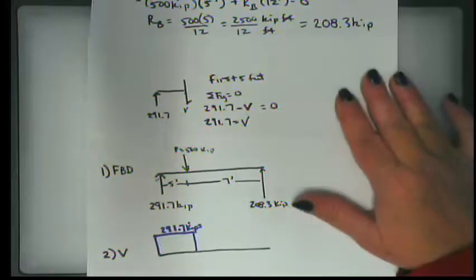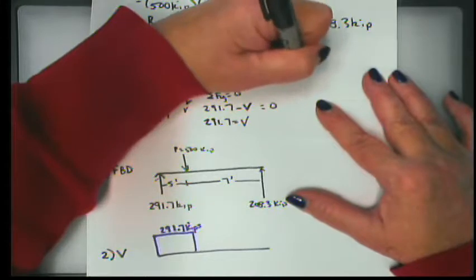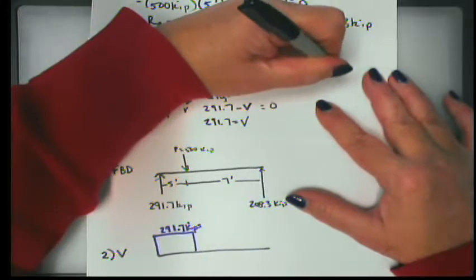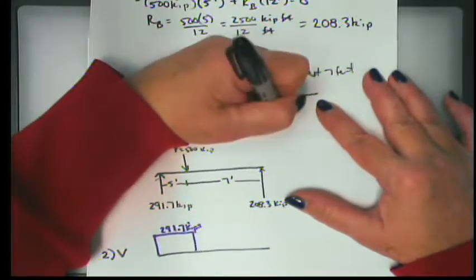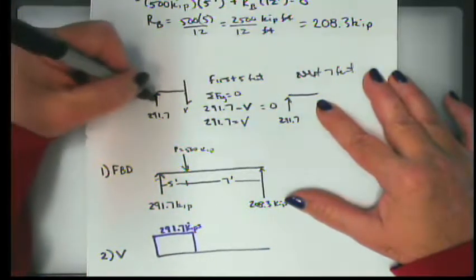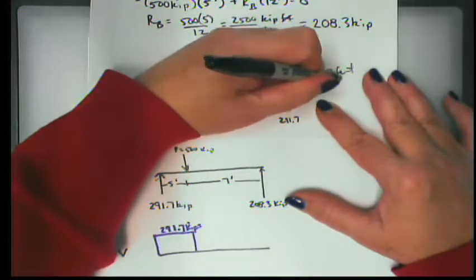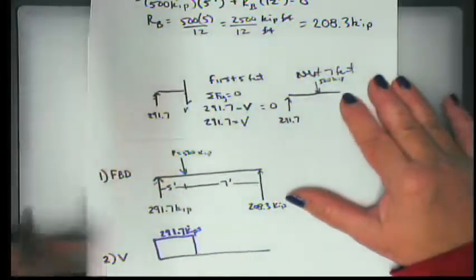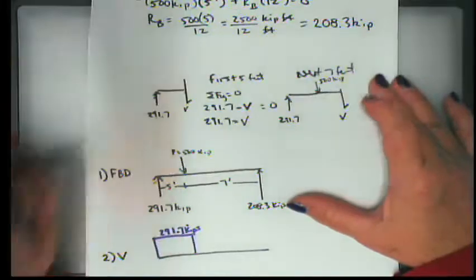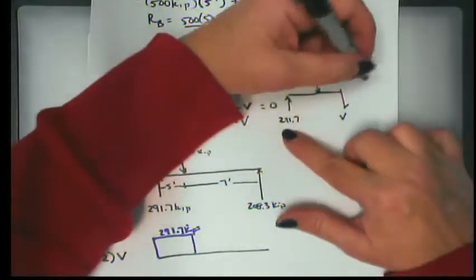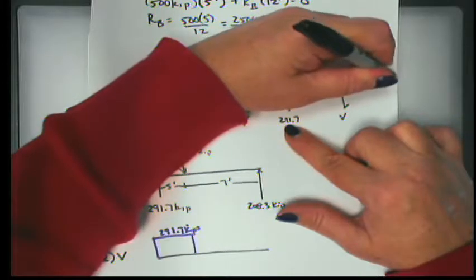So what happens after 5 feet? We can say the next 7 feet. What we have there is 291.7 pushing up. Now at 5 feet, we have 500 kips pushing down, and between there and the end of the beam, once again, because I'm cutting from here to here, I draw V like that. And once again, those three things have to add up to 0. 291.7 minus 500 minus V equals 0.